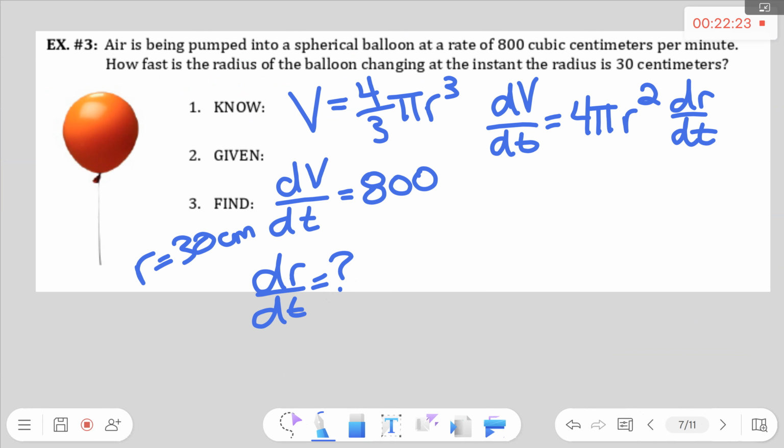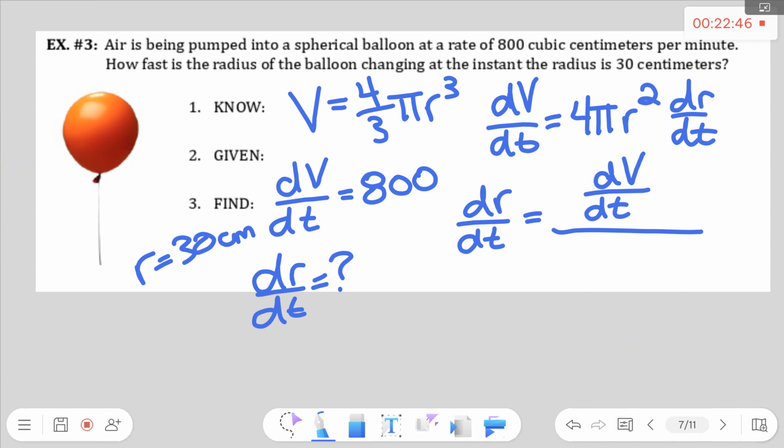When you bring that three out, it cancels out the three. We're looking for dr dt. Is it by itself here? No, we just have to do division: dV over dt divided by 4 pi r squared.